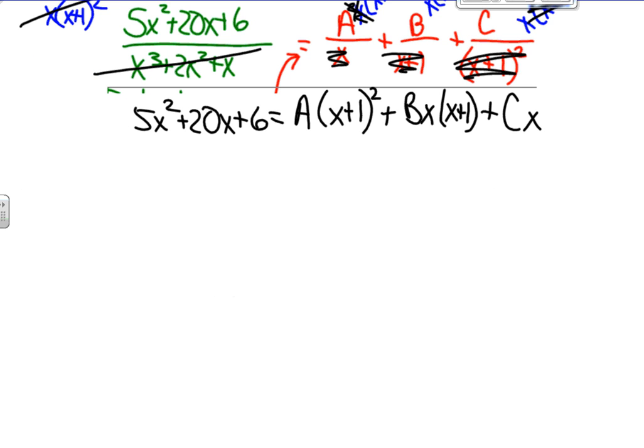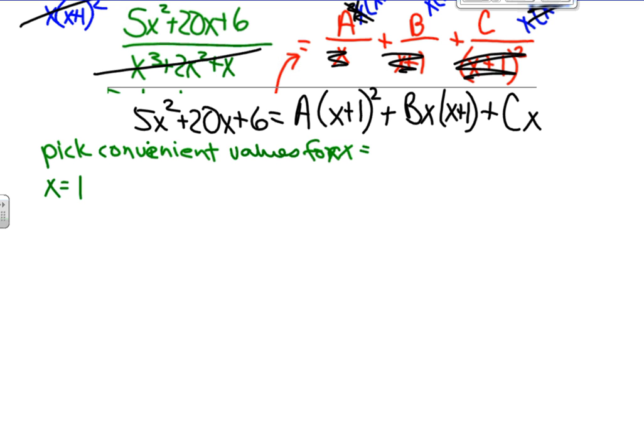Now we again pick our convenient values for x. So what is a convenient value of x? Negative 1. So x equals negative 1.